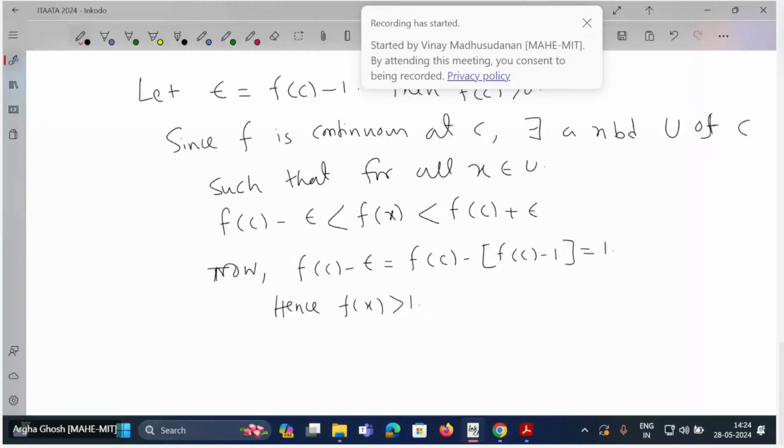Okay, so this is another way we can solve this problem. Is it clear how we got this answer? Here we are only using the fact that f is continuous at a particular point. Any question?